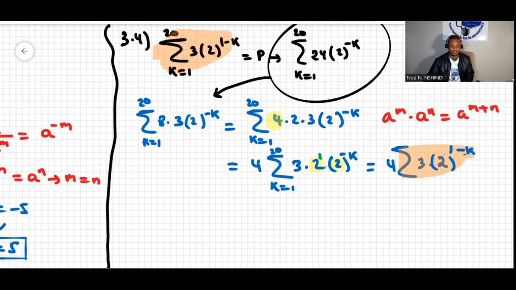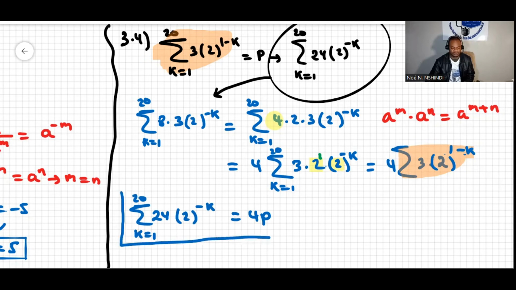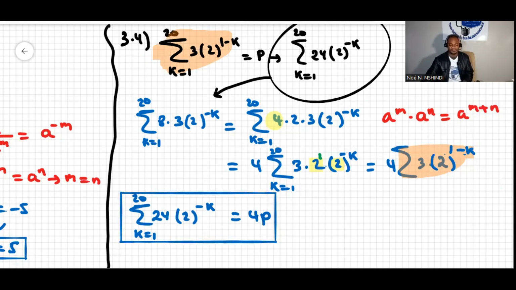So this simply means we can write 4p. So the sum of 24 times 2 to the power of negative k, k starting from 1 to 20, is just equal to 4p. Okay.